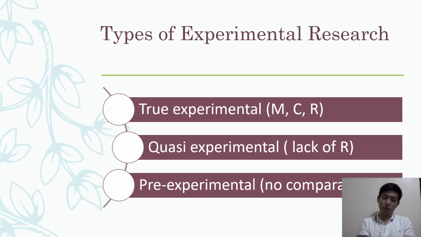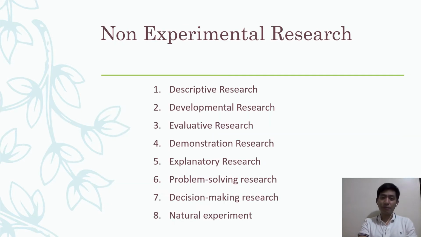Maybe there's a purposive sampling or other non-randomized sampling methods. In pre-experimental, there's no comparison between the control and experimental group. There's only post-test or pre-test. So that's pre-experimental, one of the weakest experimental research.